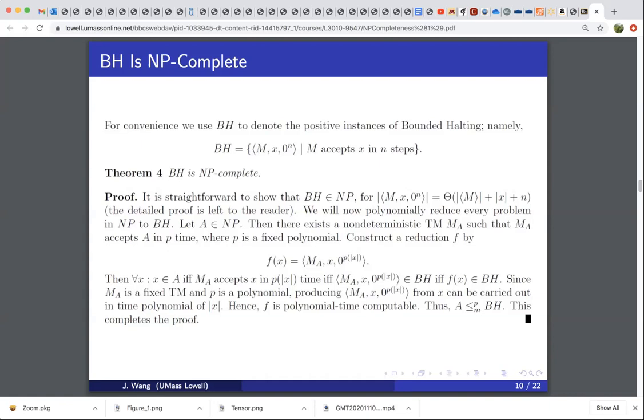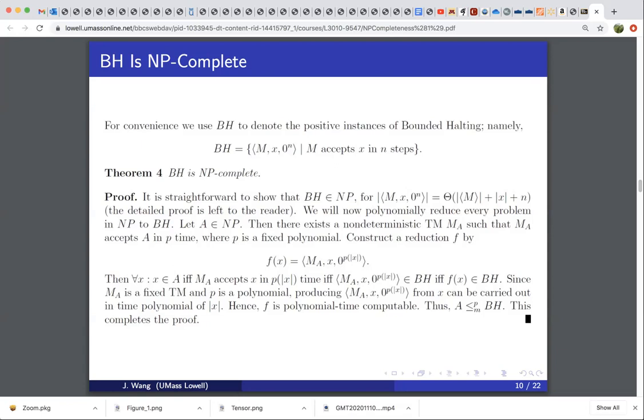You have a number n, and we need to find out whether the path you guess has this length n, and then you check whether this M accepts X in n steps, right? Because this M is already there.